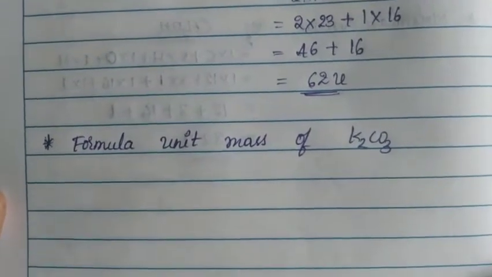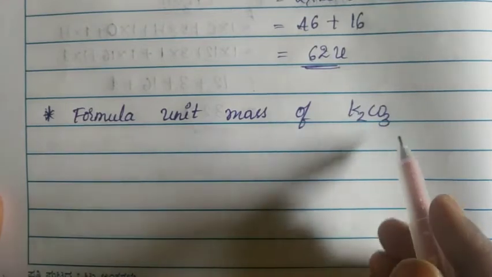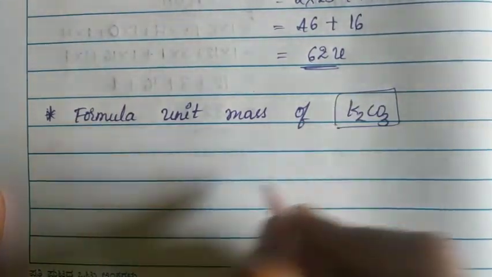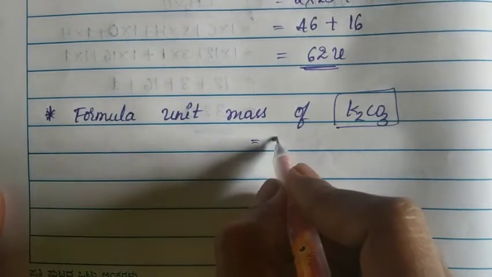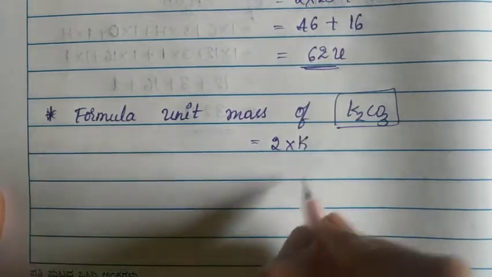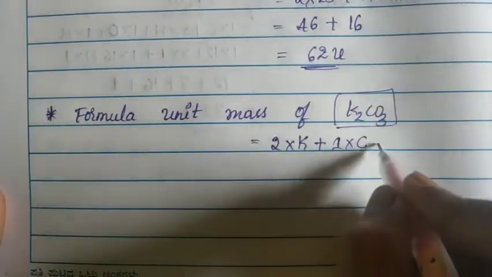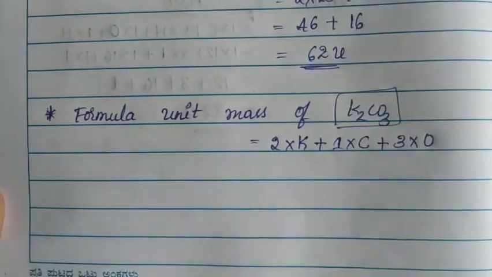Now let's go to formula unit mass of potassium carbonate. Look at this chemical symbol, children, and write now. Yes, it contains 2 atoms of potassium plus 1 atom of carbon plus 3 atoms of oxygen.